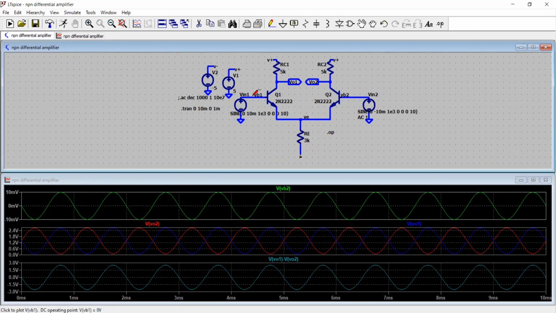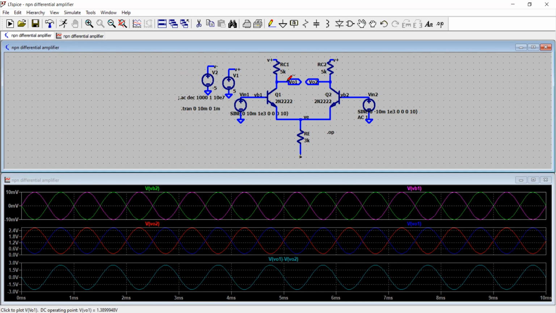The DC bias here is 0 volt here. So now you see VB1 and VB2 are two 10 millivolt peak signals opposite in phase. One is going positive to negative, another is going negative to positive. Good. So that's one. Then I have VO2 and VO1. VO1 is blue. VO1 is the output.